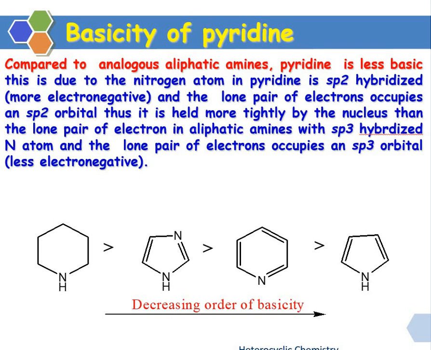Thus, it is held more tightly by the nucleus than the lone pair of electrons in aliphatic amines with an sp3 hybridized nitrogen atom, where the lone pair occupies an sp3 orbital, which is less electronegative. So, this is the decreasing order of basicity.